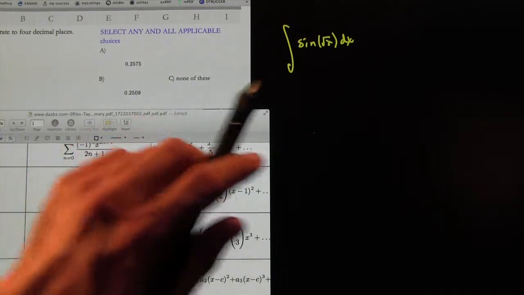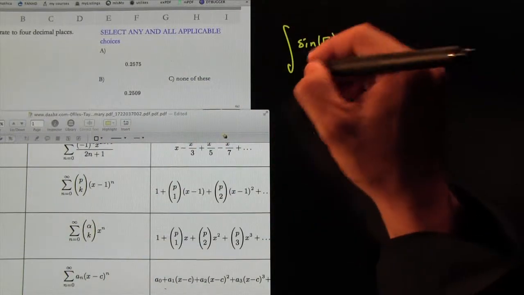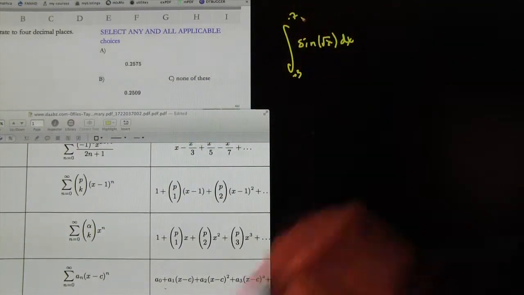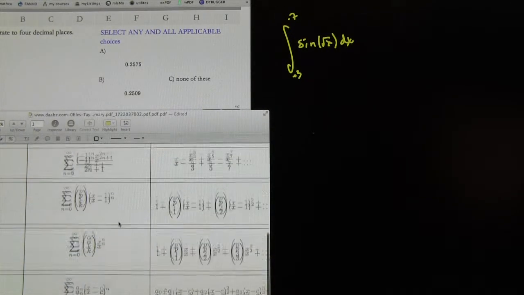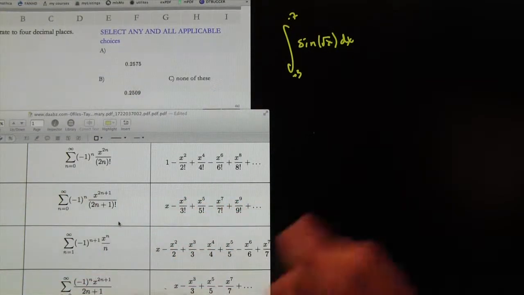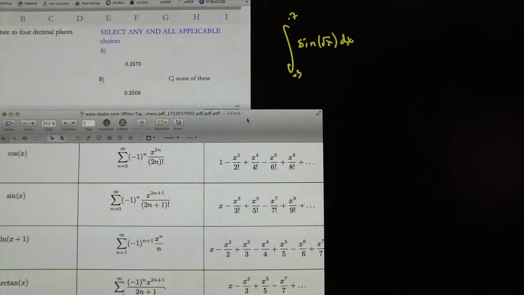So what it proposes is, hey, why don't you find a polynomial expansion for this, exchange this for a polynomial, and then do the integral. I'm looking at my famous exchange rate here for functions and polynomials. This one is the sine. Shoot, I know you can't see it. There.